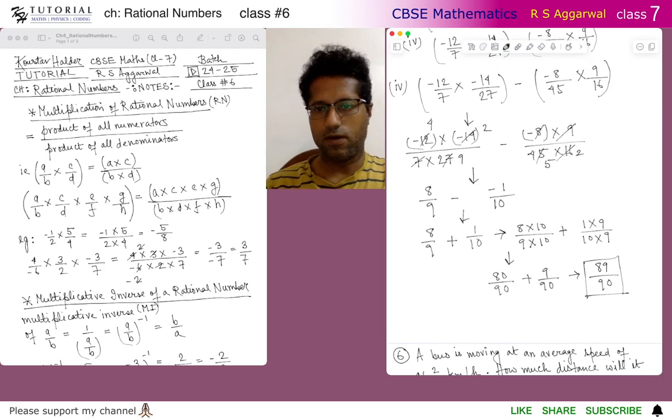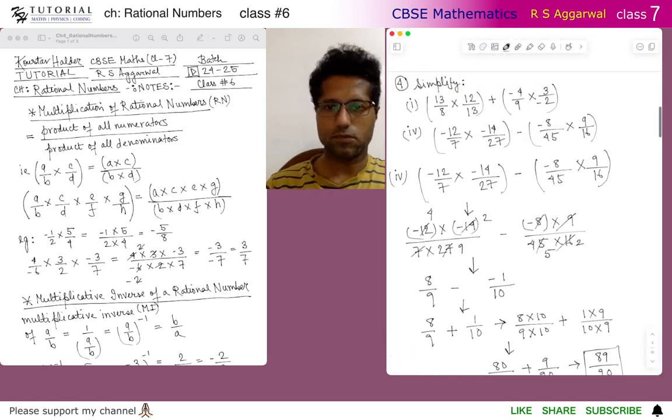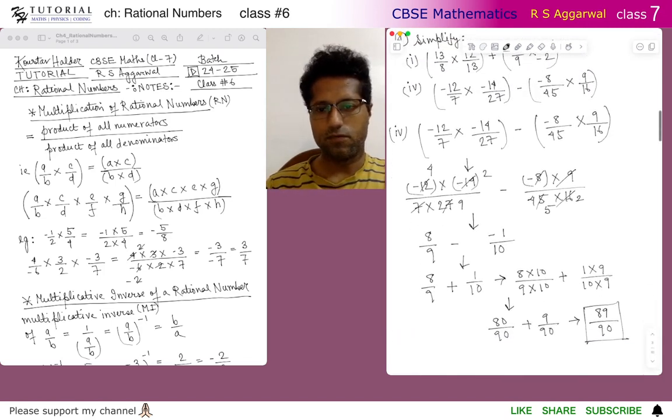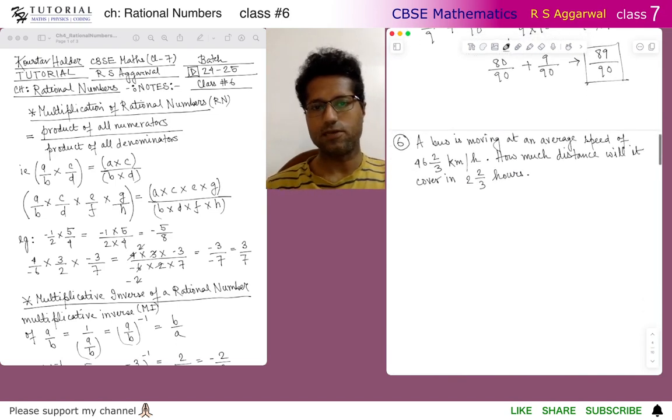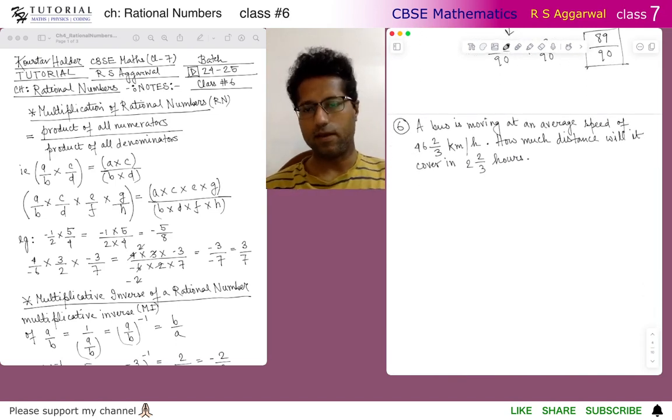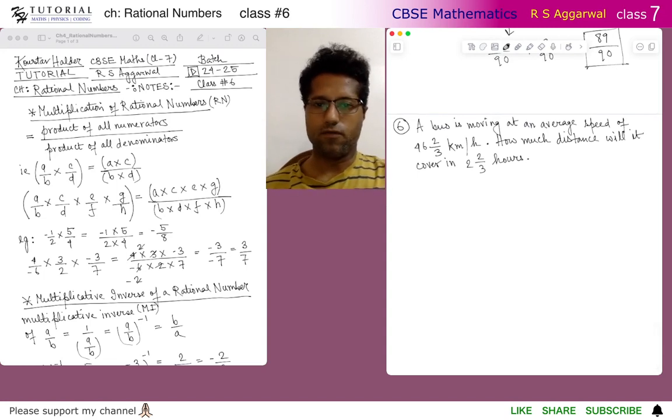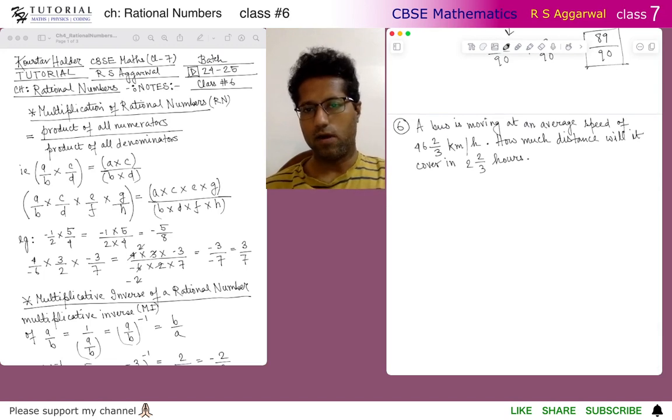You can pause the video and take a screenshot. Okay. Question number 4 is done. Now this is a word problem. It says that a bus is moving at an average speed of 46 and 2 by 3 kilometer per hour. How much distance will it cover in 2 hours and 2 by 3 hours?